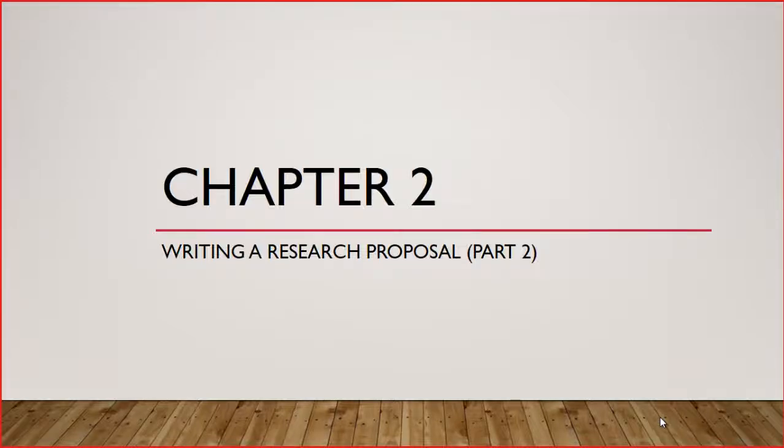Okay. So what we are going to cover today is, we are still in chapter 2, writing a research proposal. So this is part 2. Last week we covered part 1, where we covered several elements.